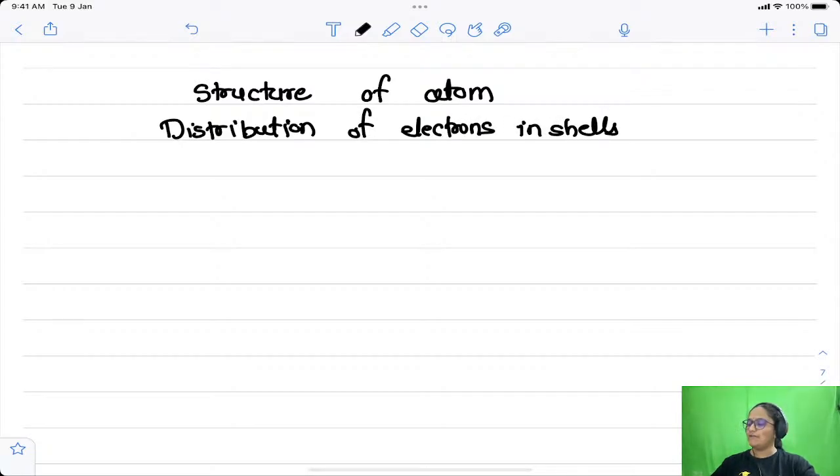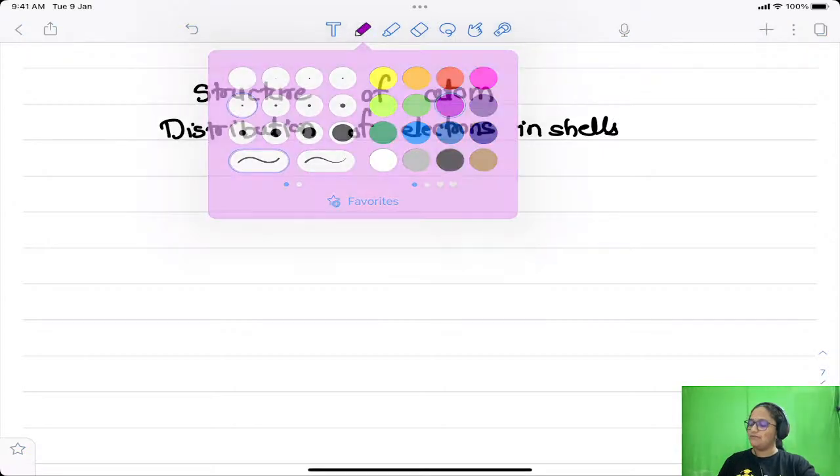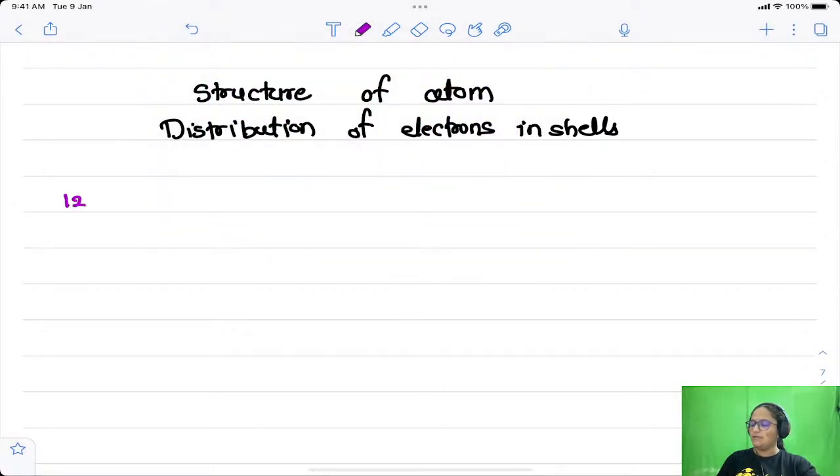Up to sodium we have completed. Now we are going to start with the next example, the 12th element, and that is nothing but magnesium.